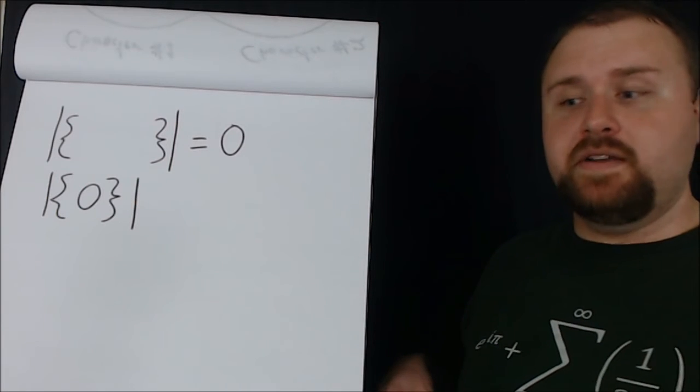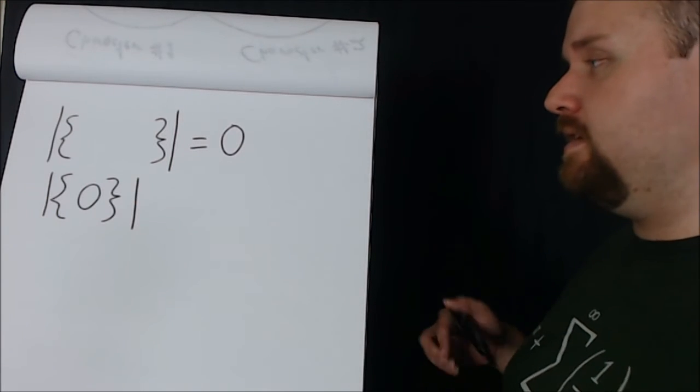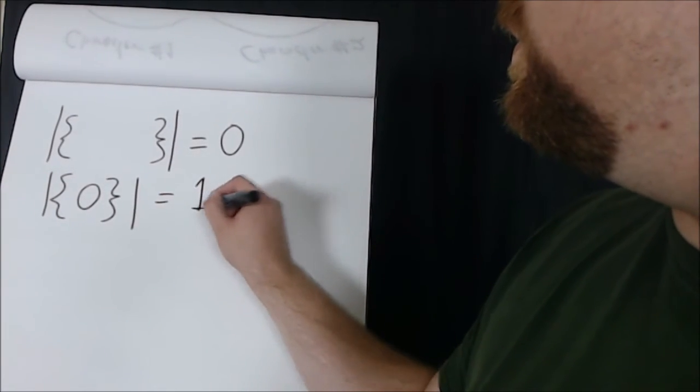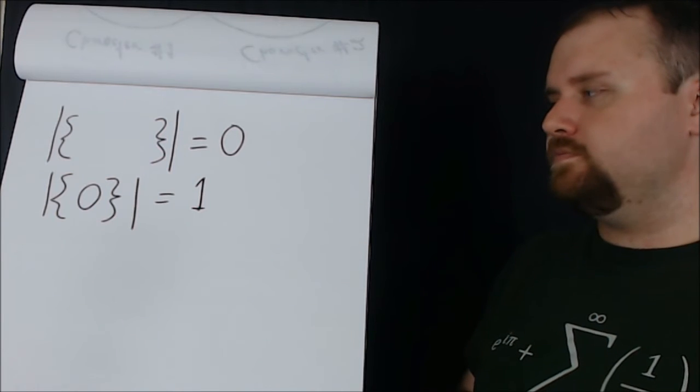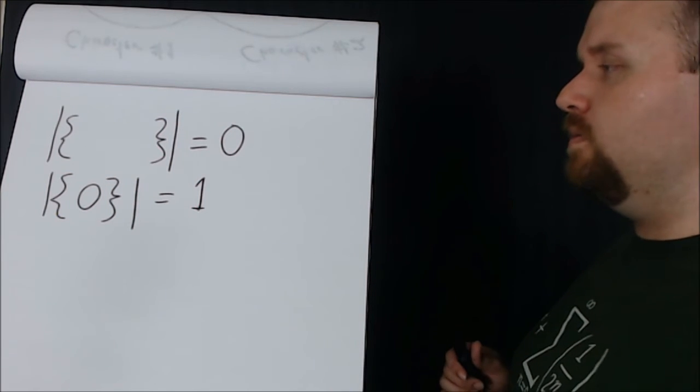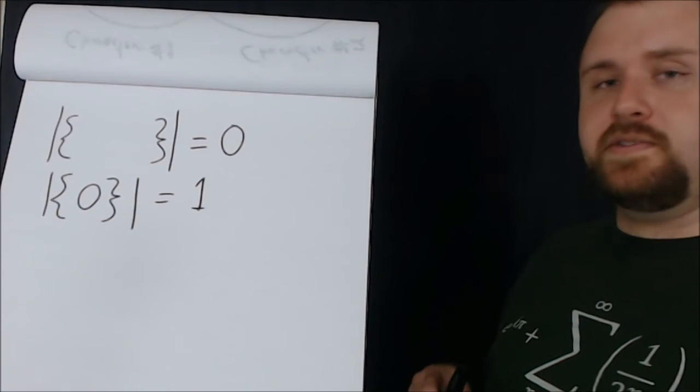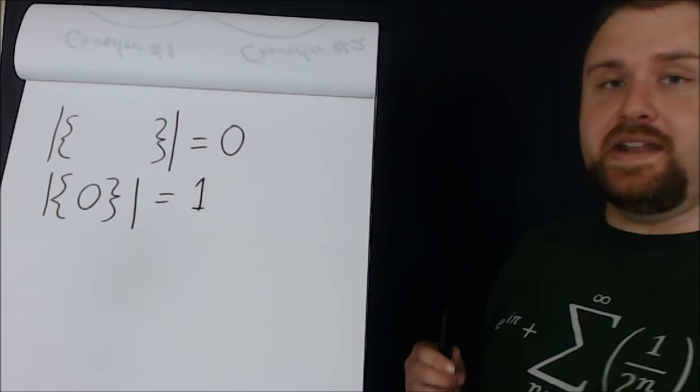There's no one-to-one correspondence, so it must be a different cardinality. So, I'm going to name this cardinality, and we're going to call that 1. So where do we go from here? Well, now I have this thing and this thing. So I'm going to put these in yet another set.